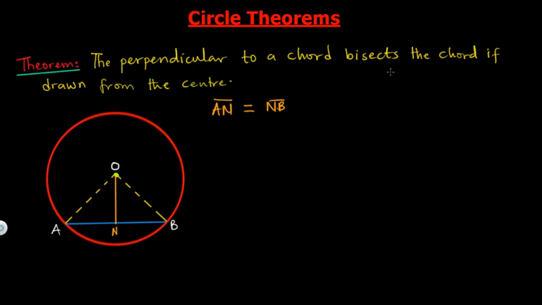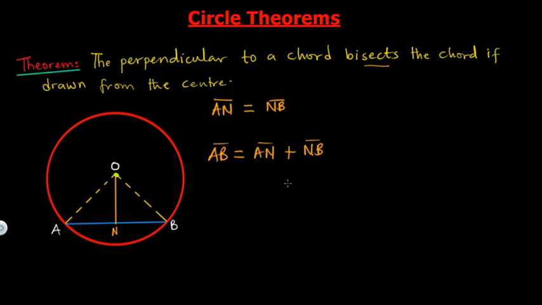Remember the word bisect. In geometry, it means to cut into two equal parts or to divide into two equal parts. So this establishes that the perpendicular to a chord bisects the chord if drawn from the center of a circle. Any straight line from the center of a circle perpendicular to a chord bisects the chord into two equal parts. Hence, we can say AB equals AN plus NB.